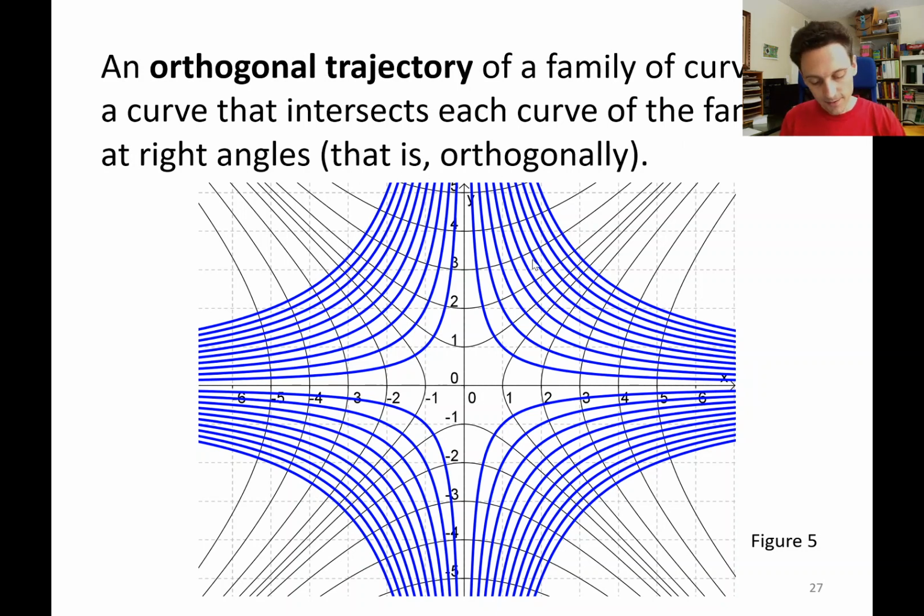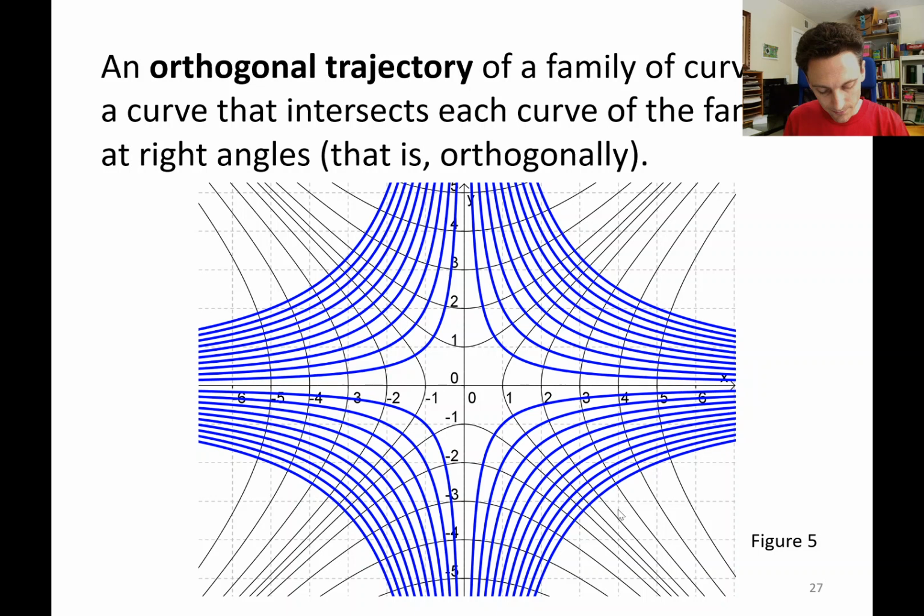So figure 5 shows the original family of curves in blue, the kind of bold blue, and then the less bold black curves are orthogonal trajectories to that blue family of curves. So notice that each black curve, if you follow the black curve, it always hits the blue curves at right angles. So right angles all the way through.